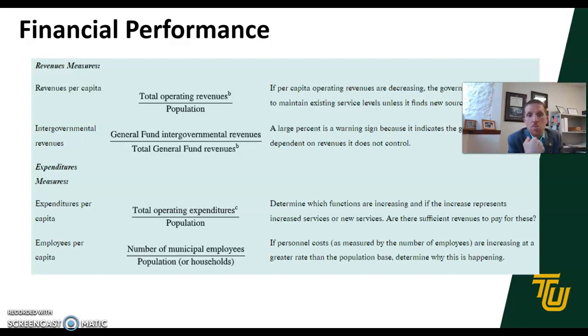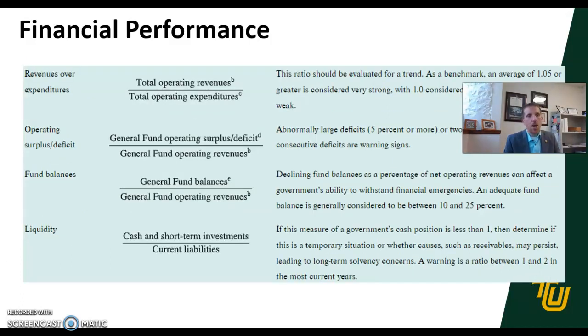So how much are we bringing in for our population base? What does that look like, right? Expenditures per capita, employees per capita, right? So these are all measures of our fiscal or financial strength as a government. Very similar to what we'd see in the for-profit sector off to the side.